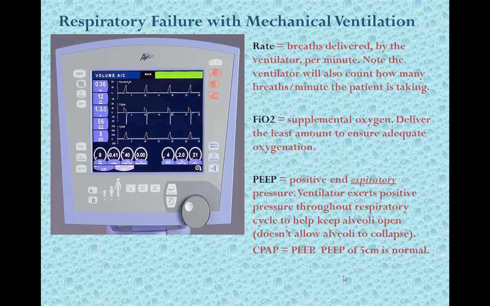So if I look at this here, I can see very quickly that the ventilator rate is set at 8. But when you look up here, the patient rate is 12.